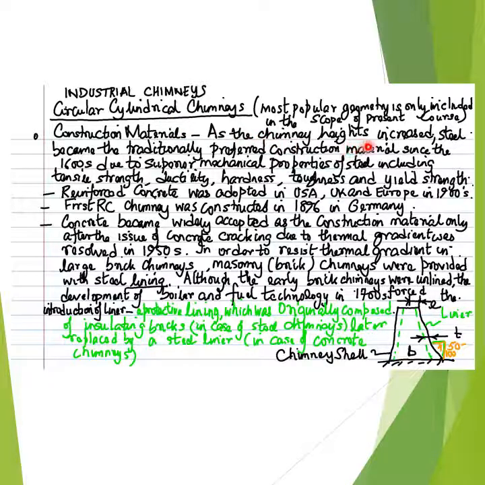And with increase in the chimney heights, steel became the traditionally preferred construction material since the 1600s due to the superior mechanical properties of steel, including tensile strength, superior ductility, hardness, toughness, and the yield strength.